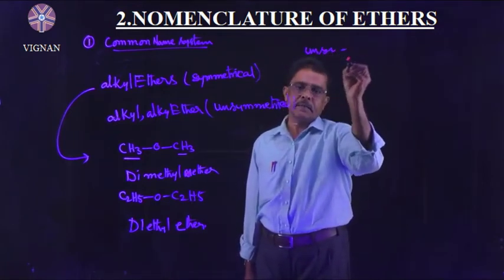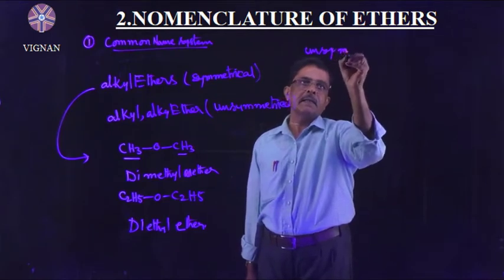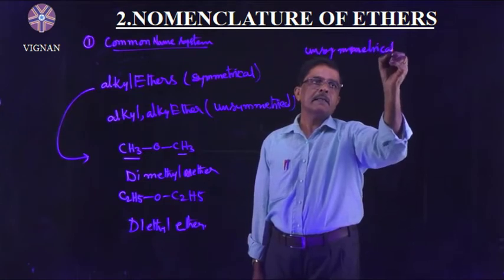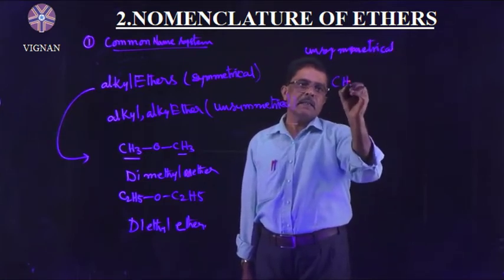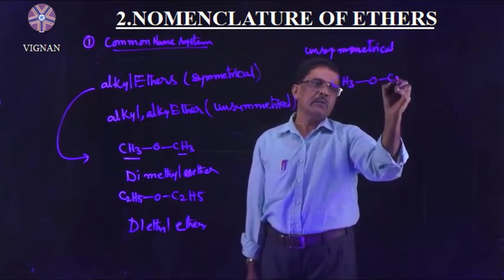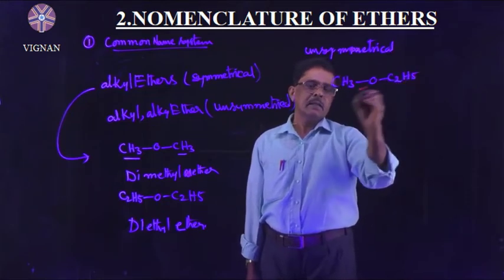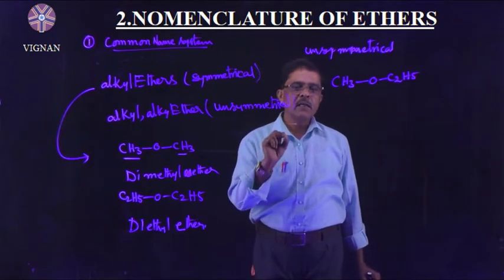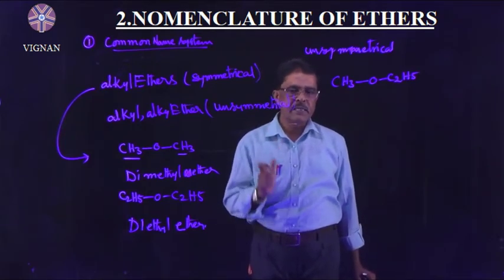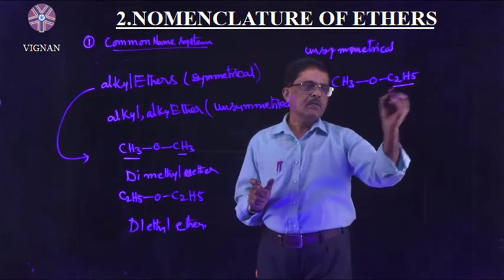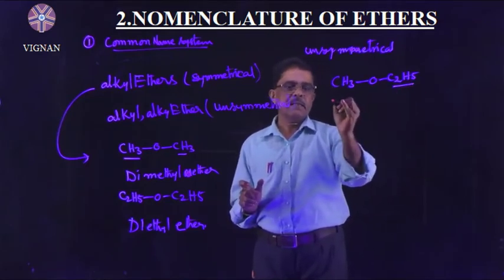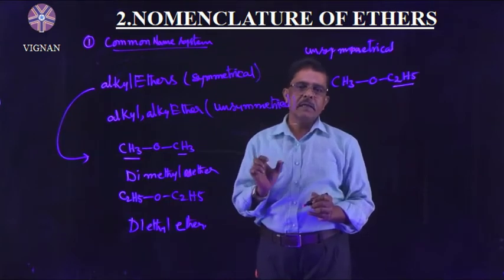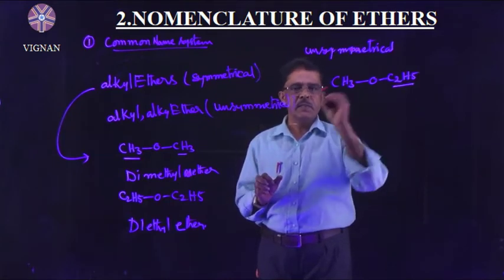I want to take one more example, for unsymmetrical ether. The unsymmetrical ether is CH3OC2H5. Here there are two alkyl groups. Which alkyl group do we have to write first? In this case one is ethyl and the other is methyl. In alphabetical order, ethyl comes first, then methyl.